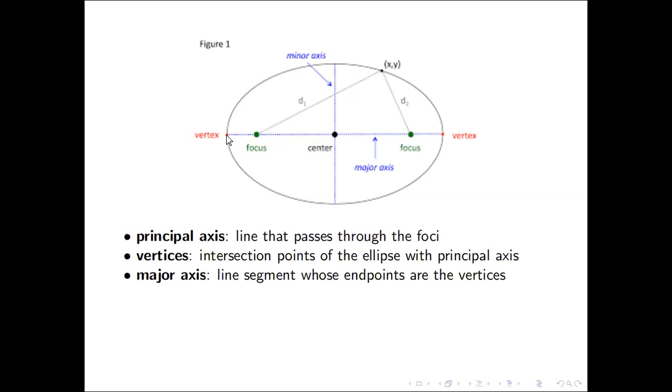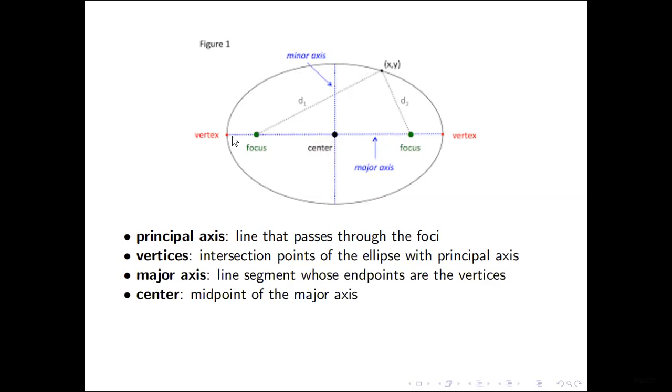Now, the major axis is simply this line segment here, whose endpoints are the vertices. So the only difference between the principal axis and the major axis is that the principal axis is a line, which is just this line segment extended in both directions, while the major axis is just a line segment, again, whose endpoints are the vertices of the ellipse.